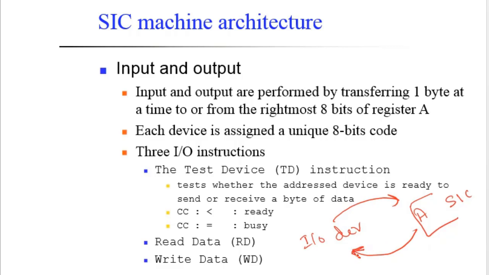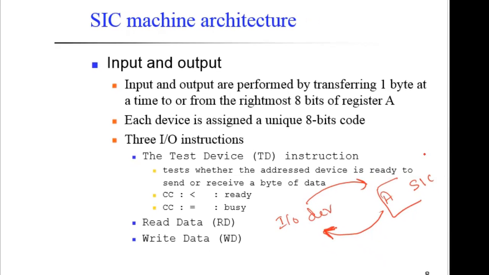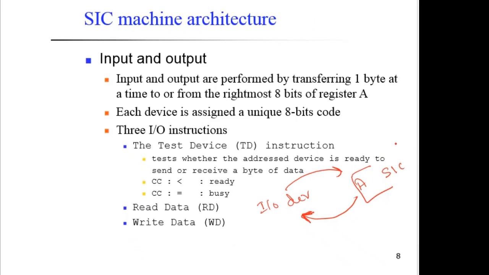Both direction data transfer is possible with the SIC machine, but at a time we can transfer only 8 bits, that is 1 byte. Each device has an assigned unique 8-bit code. Each device will have a unique address, and that address will be how many bits? 8 bits. 8-bit address, right?